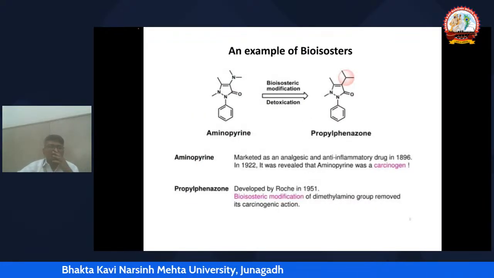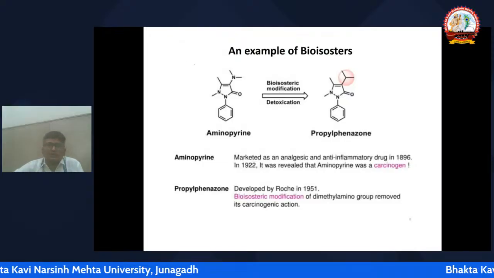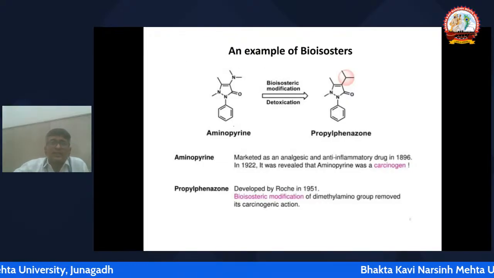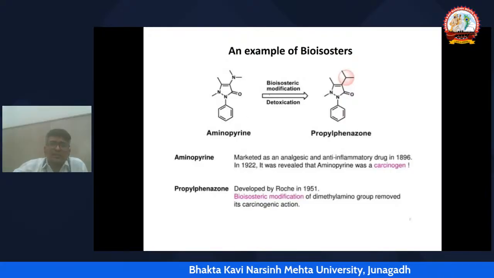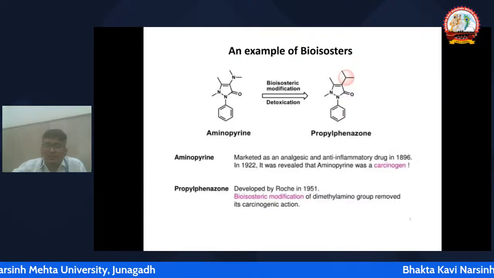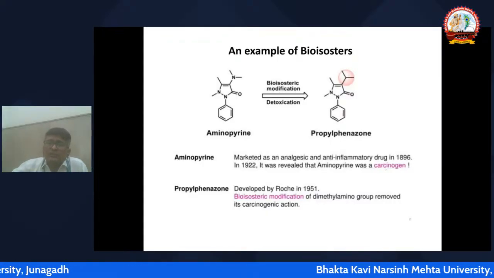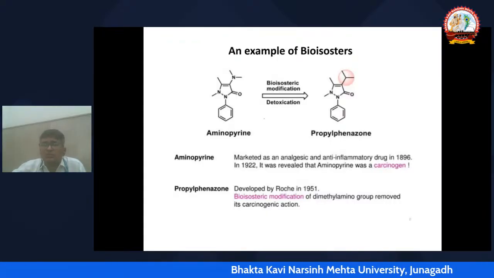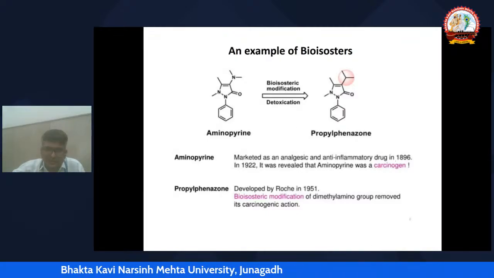Now, another example of bioisosters is aminopyrine. Aminopyrine is an antipyrine drug that was marketed in 1896. It was removed from the market because of its carcinogenic properties.